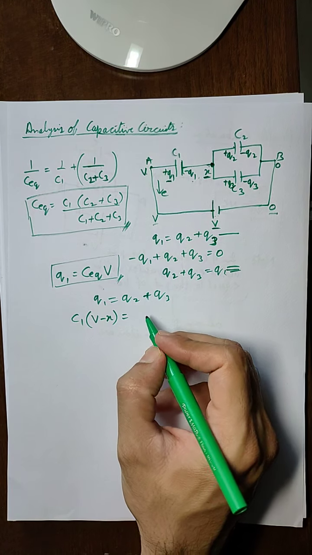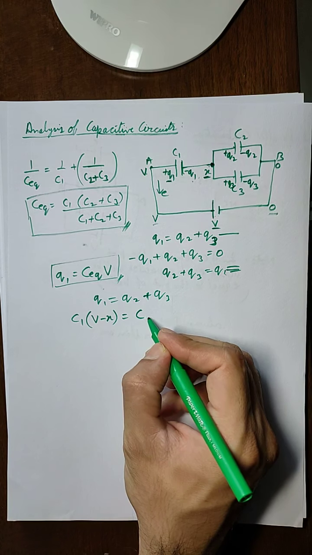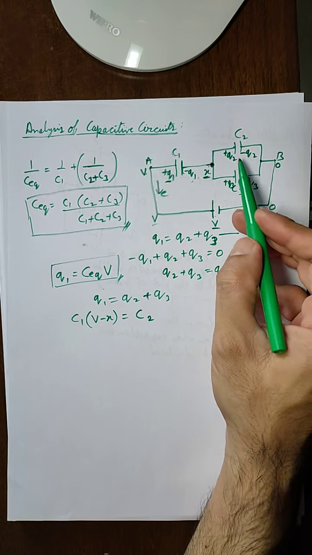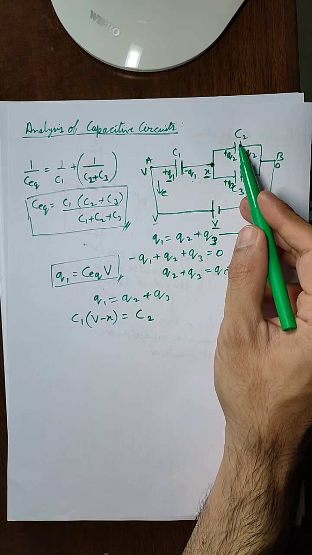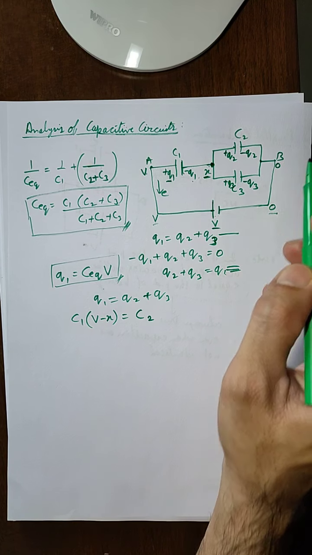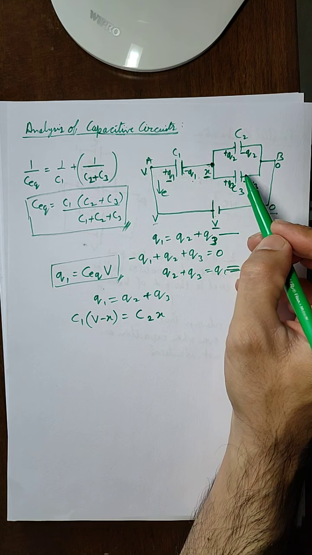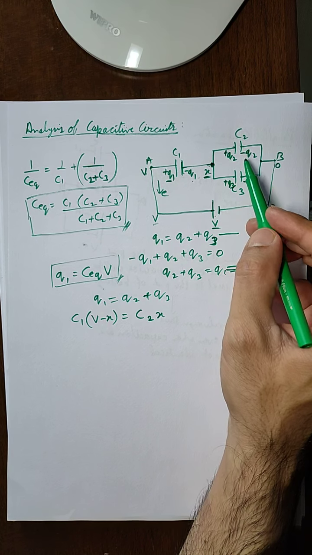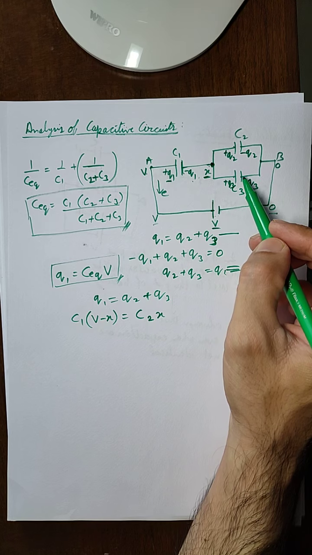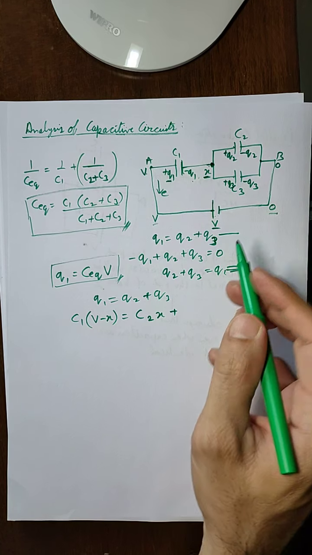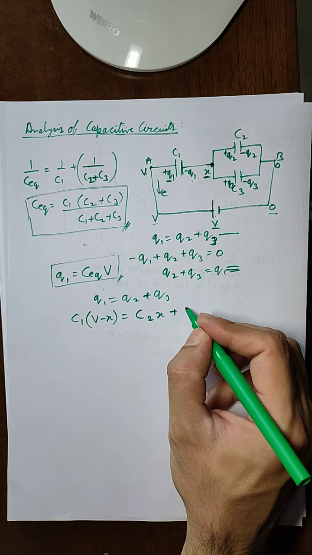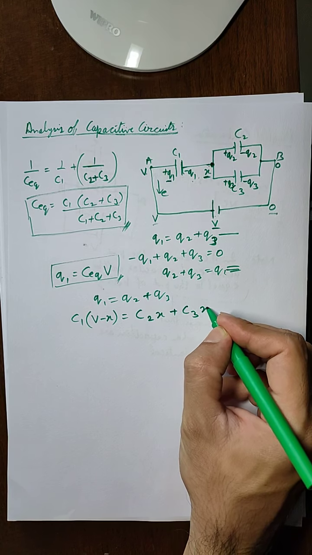Similarly for Q2, we can write the capacitance C2 and the potential difference will be X minus 0, so we write X. And since in parallel capacitors the potential difference is the same on each parallel-connected capacitor, on C3 also Q3 can be written as C3 into X.